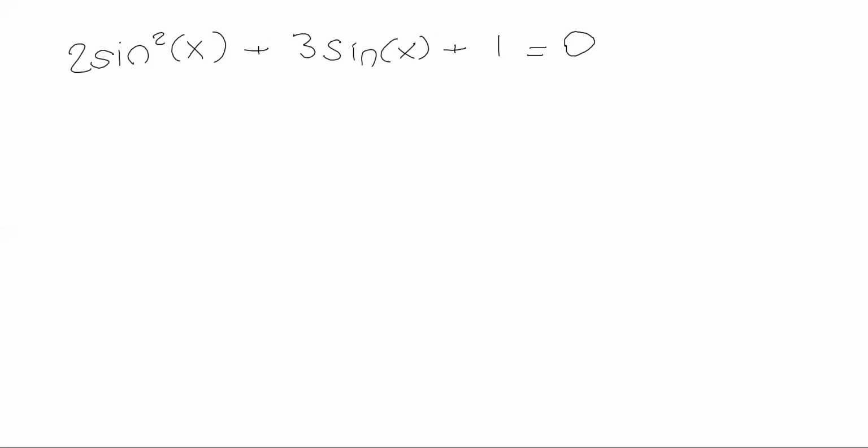Yep, exactly. So we have a leading coefficient that's not 1. So it looks like we're going to need to split the middle term. I'm thinking we might want to split it up into a 2 sine of x and a sine of x, because then we'll be able to factor by grouping and get an equivalent expression in both factors.